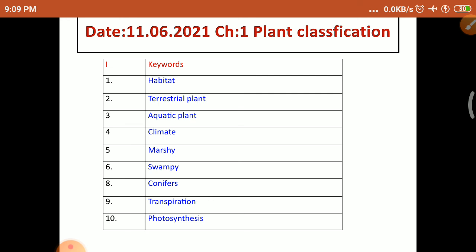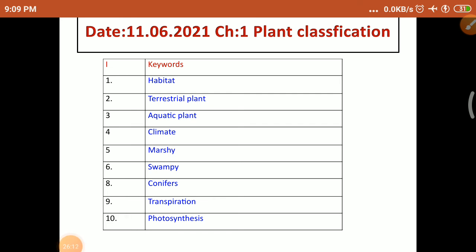The third one, aquatic plant. The fourth one, climate.